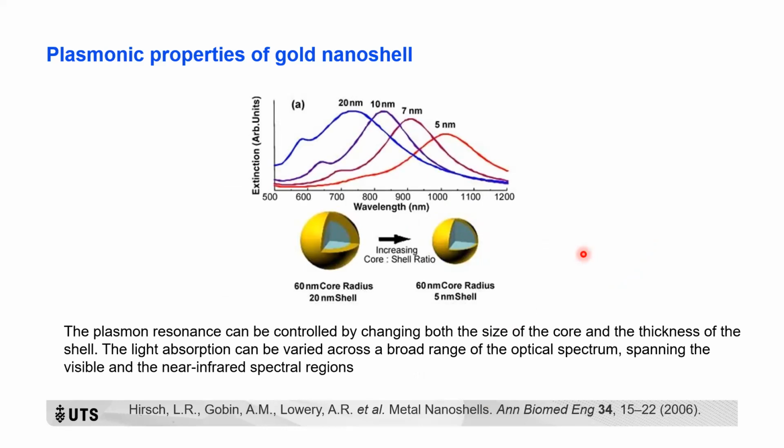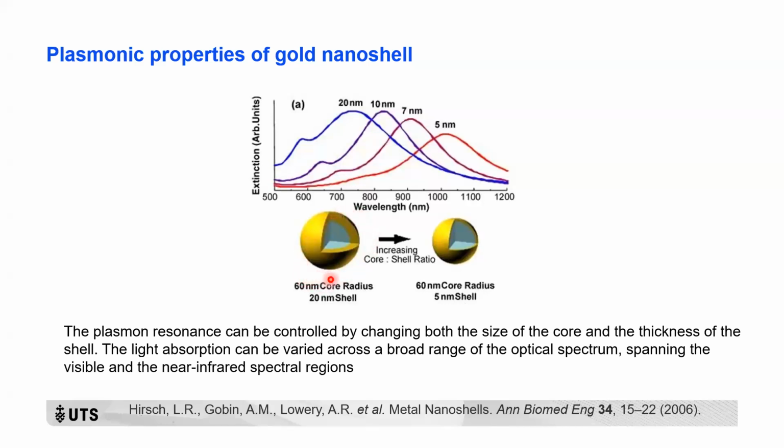Okay, so the golden nanoshell first has a silica core, okay, and then a gold coating is grown around the silica core.